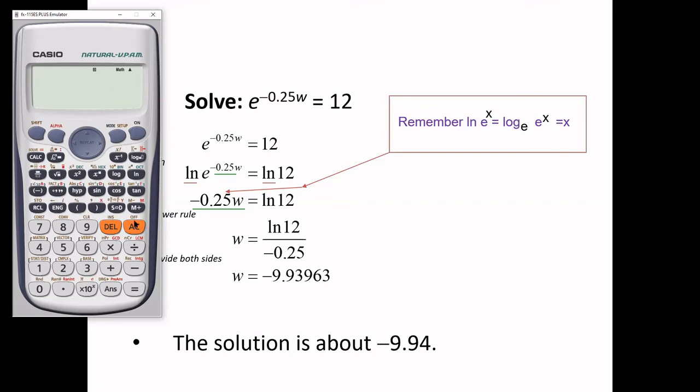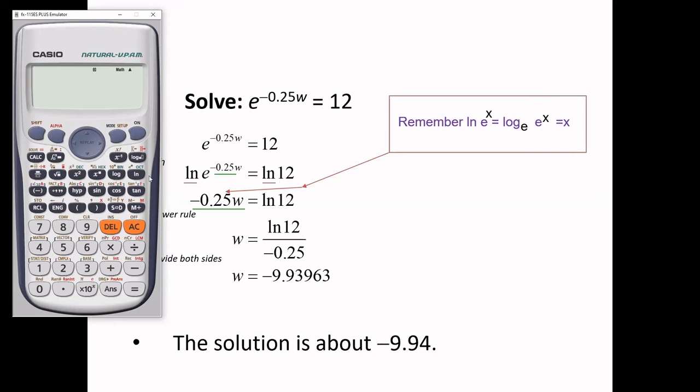Is that the only way to do this problem? No, it's not. We could create a log out of this. Okay, we can say that natural log of e to the 12th, log e to the 12th.